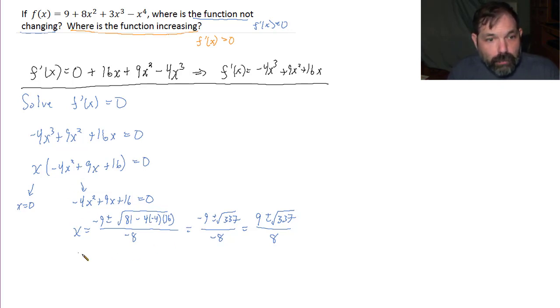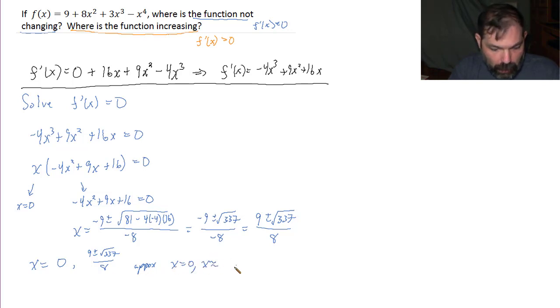So the exact values: x would equal 0 and 9 plus or minus the square root of 337 over 8. Approximately, x equals 0, and x is approximately negative 1.17 and 3.42.